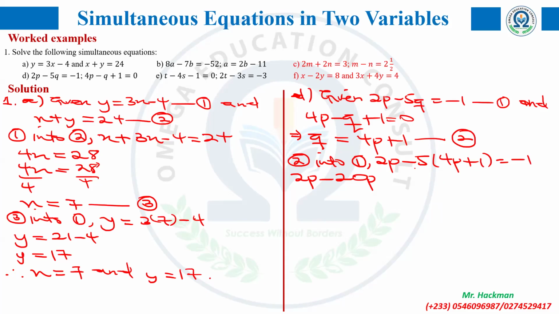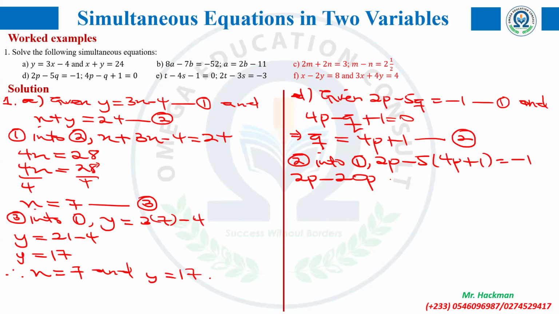The second one, what will you get? You've done 2P, then you've done this times this. So the next one, I'm waiting, Prof. Judah. Hello, Prof. Judah. -5. -5, very good.